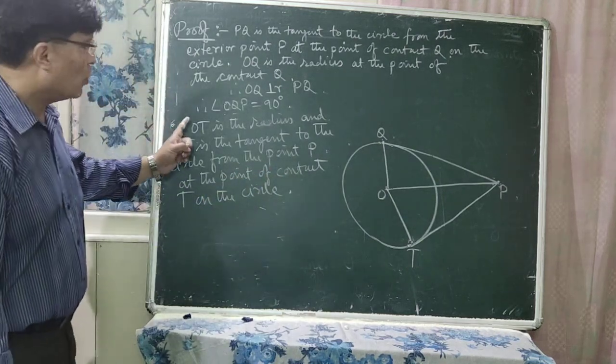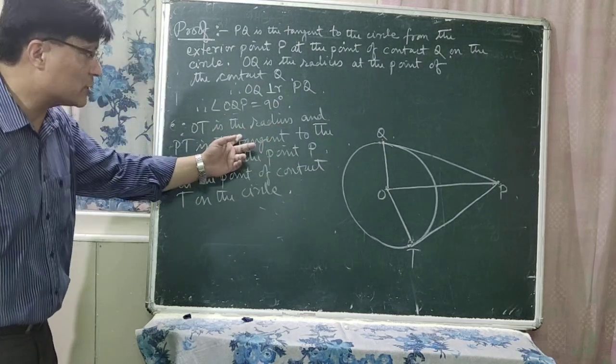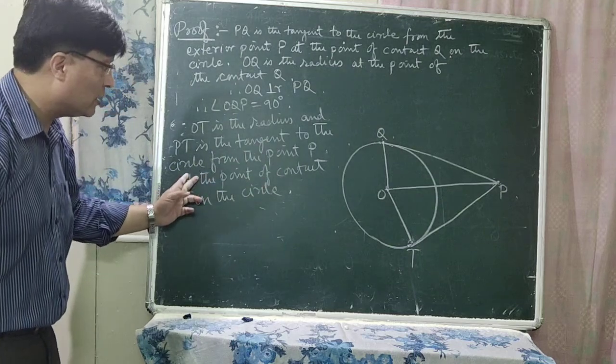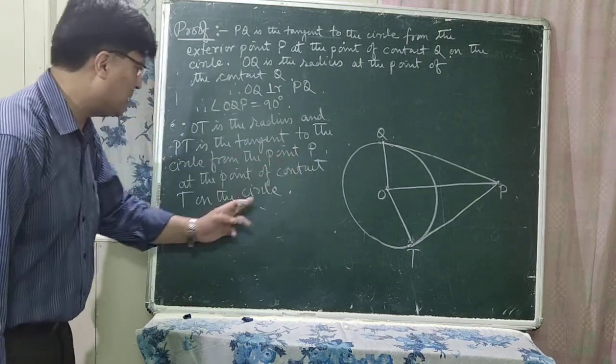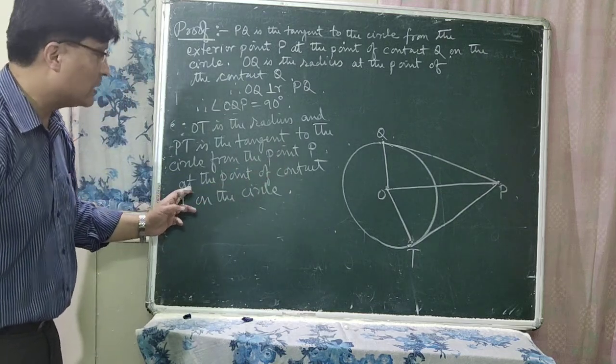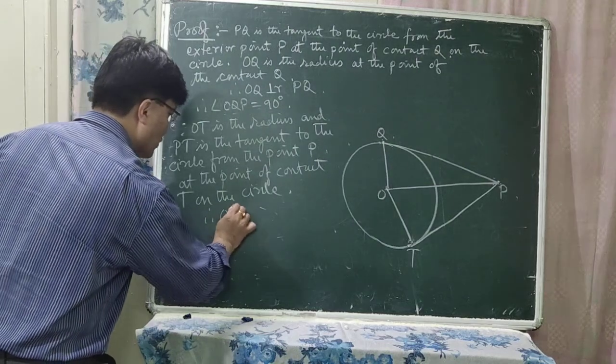Since here OT is the radius of the circle, and PT is the tangent to the circle from the point P at the point of contact T on the circle. So therefore, what can we write?